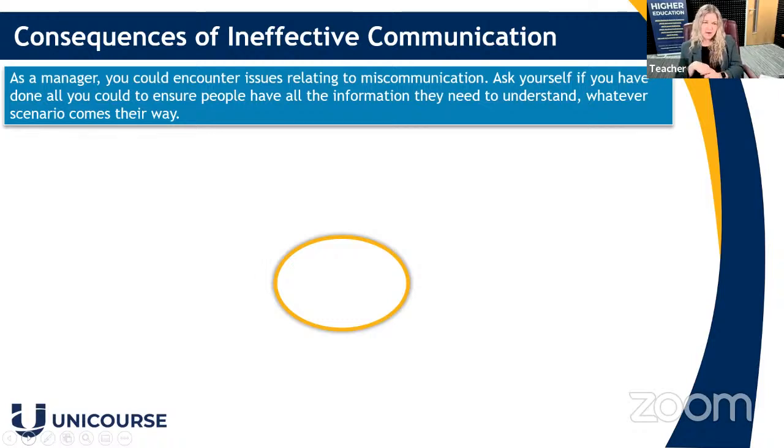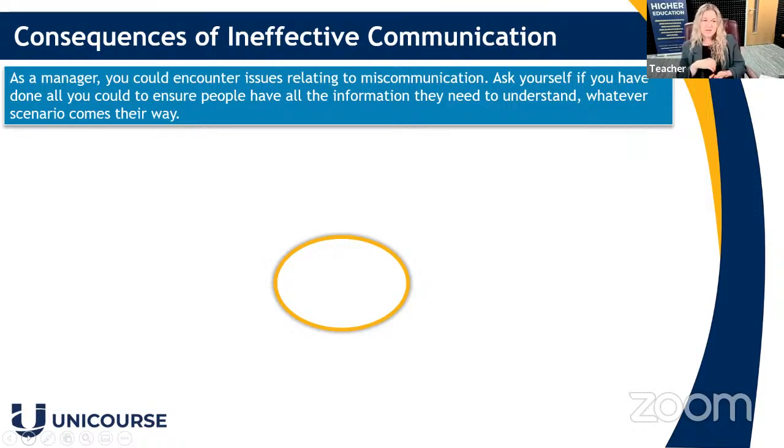There might be somebody who's working remotely, for example, who isn't getting the same information as somebody else on the team that's working in the office. And they might feel like they're being discriminated against because of something in particular. And then it could all be looked at and found out that the root cause of the problem was just that there was ineffective communication within that team. So it's important to be able to see the importance.